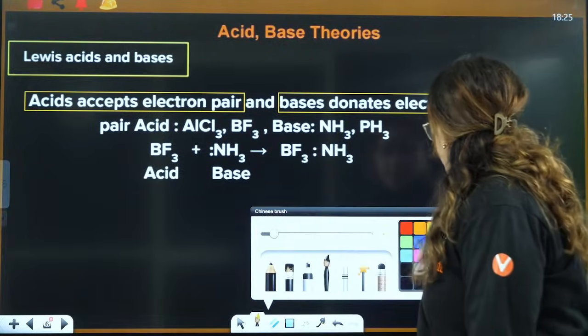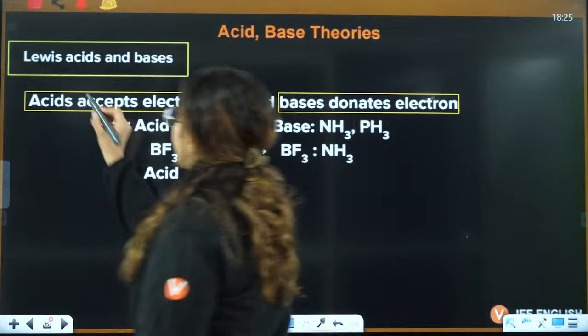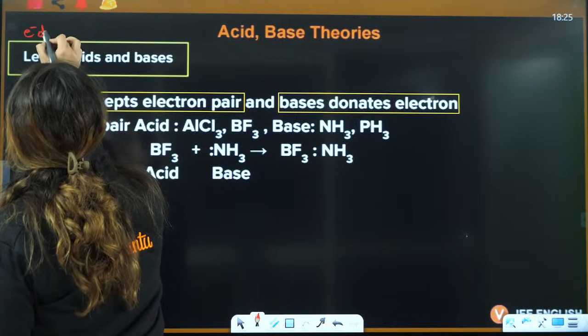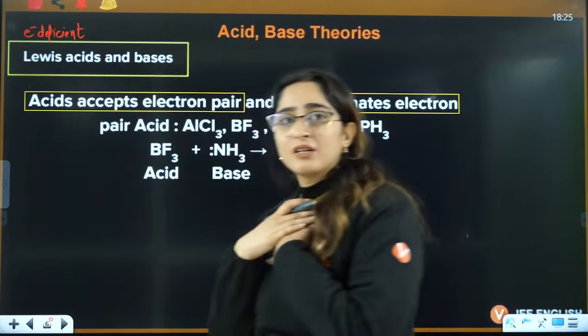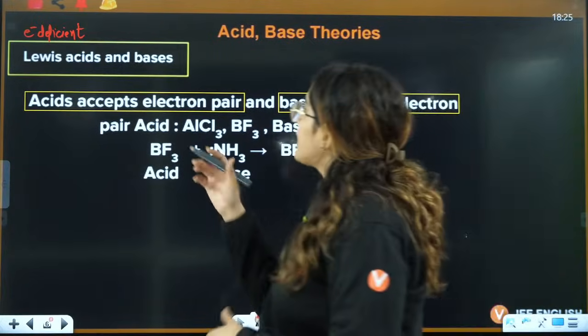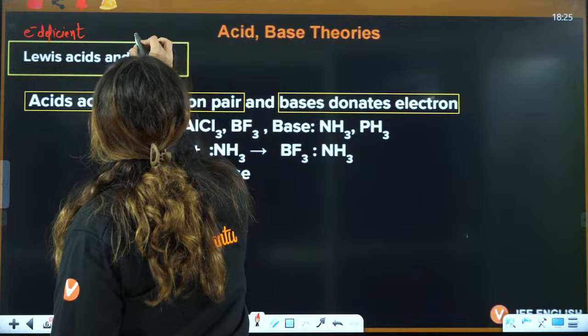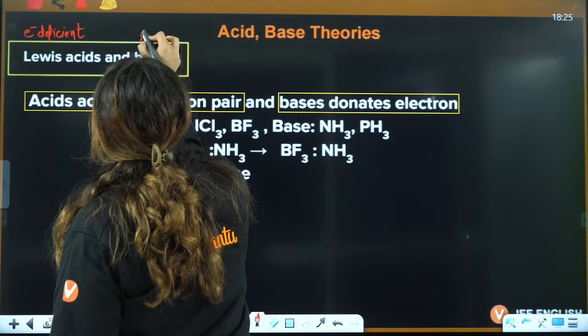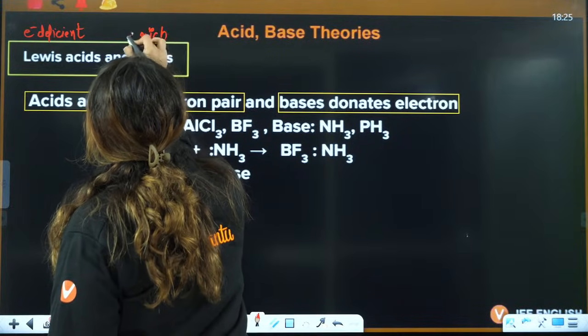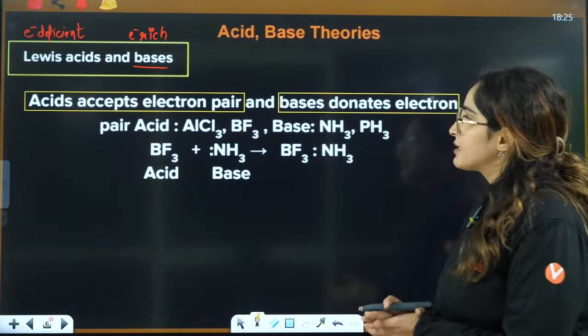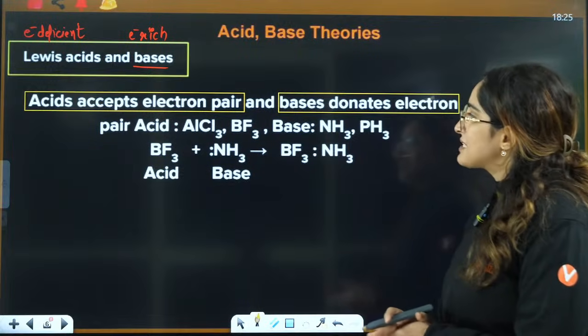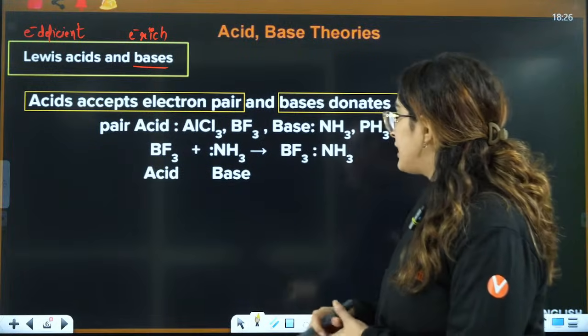That means we can say a Lewis acid is electron deficient. Whenever it is deficient, it wants to accept electrons, right? And bases are electron donors. That is why they are electron rich. Now let's see the examples: AlCl3, BF3, right?